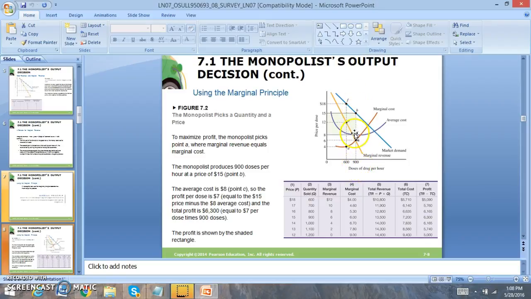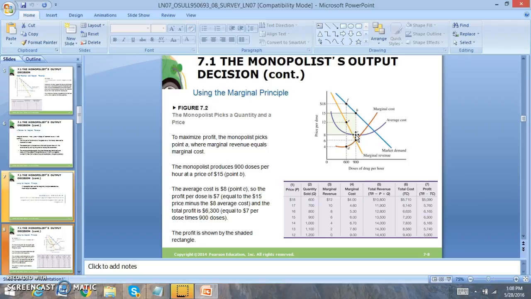The cost to produce is right here at 8. So the price they sell it at is $15, and they're making it for $8. That's a $7 per unit profit, and they sell 900 units. To find that, you multiply 7 times 900.